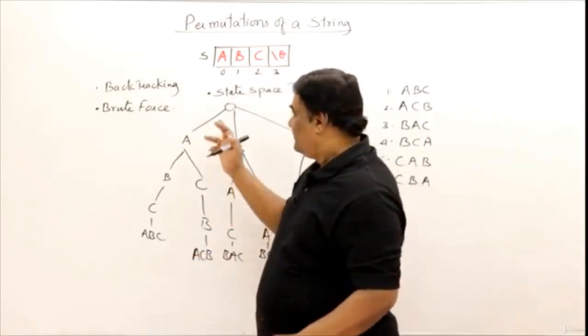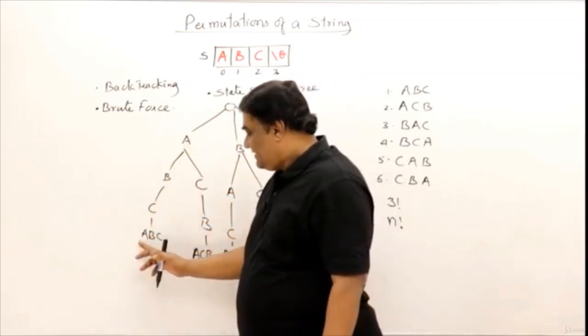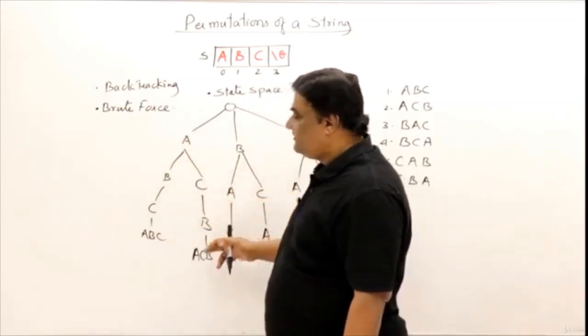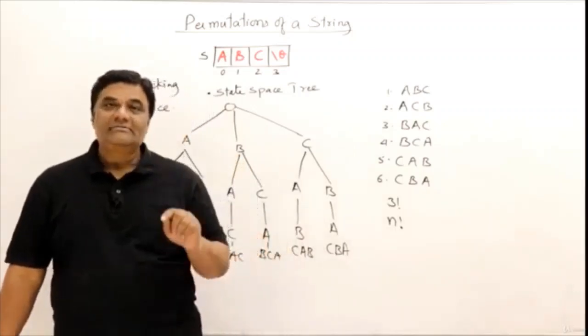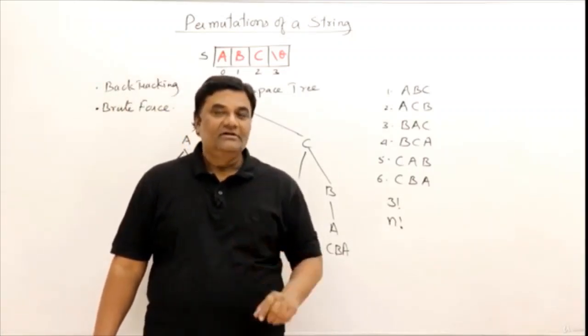So backtracking, if you observe in this tree, we have gone on to A, then B, then C, then we got a result, then we went back, then we took another route. We have gone back and taken another possible route. That's what is backtracking. These are the 2 things we learn.